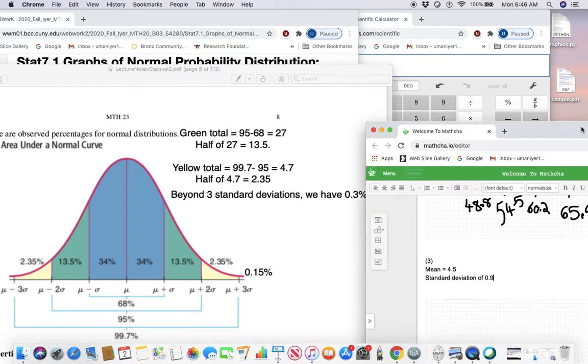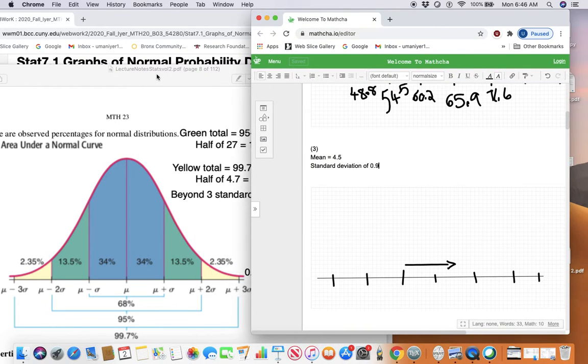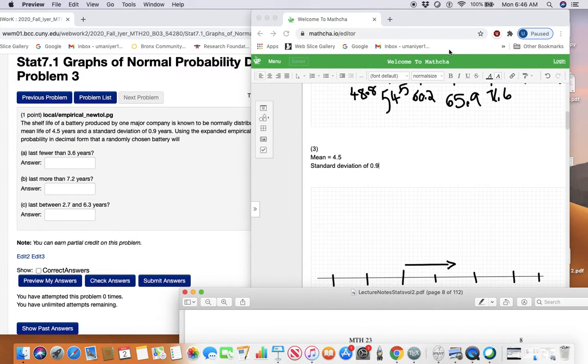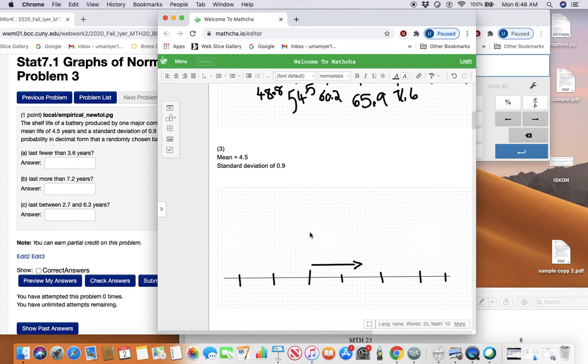There is my workspace. Let's get the numbers put in: mean 4.5, and standard deviation of 0.9.